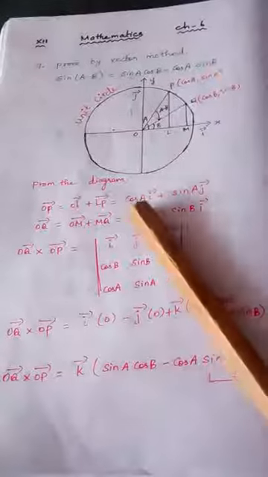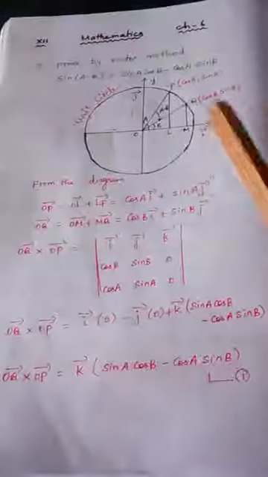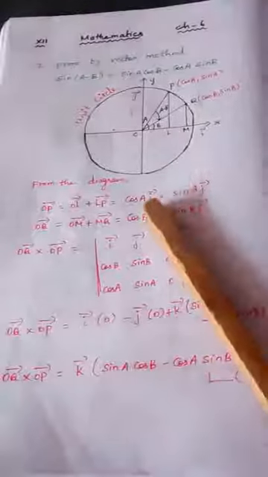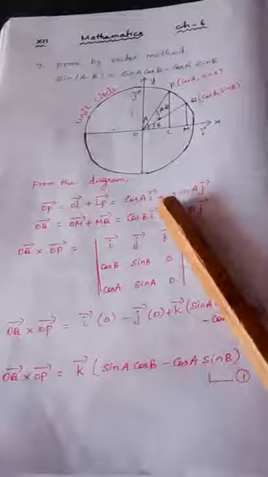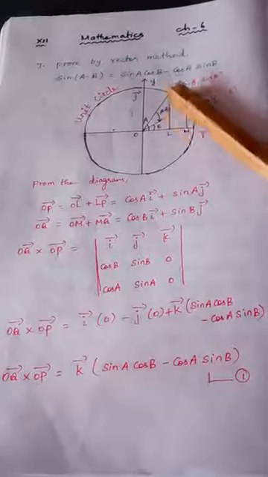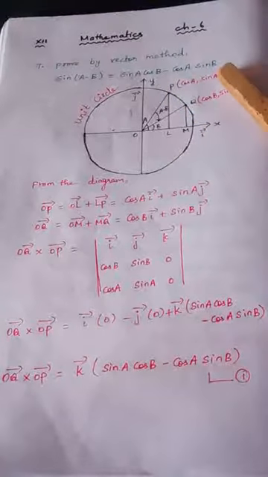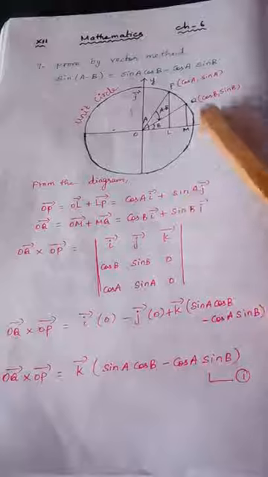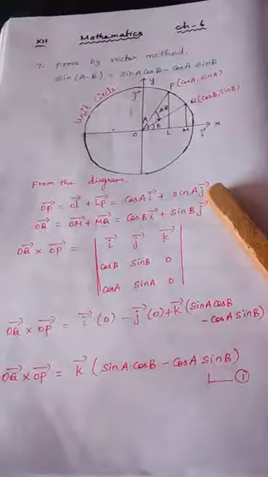Cos A. OL goes in x direction, therefore the unit vector is i vector. So magnitude into unit vector, cos A i vector, plus LP, which is the y value of point P. So the y value is sin A, and since it travels in y direction, the unit vector is j vector.